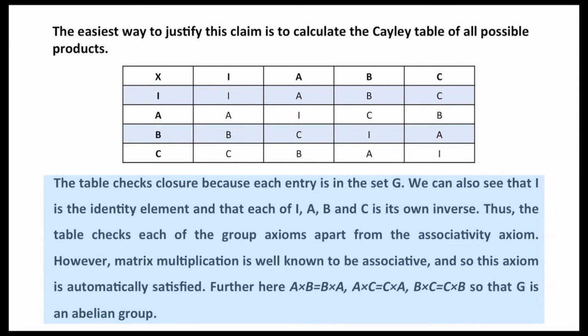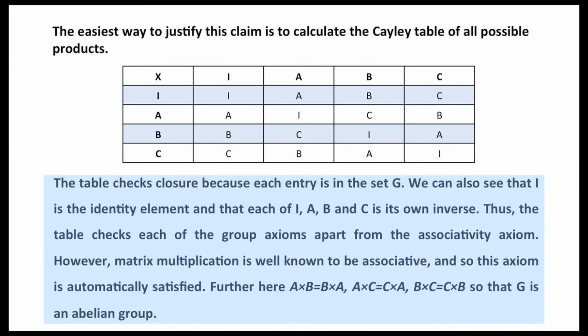We can also see that I is the identity element and that each of I, A, B and C is its own inverse. Thus, the table checks each of the group axioms apart from the associativity axiom.